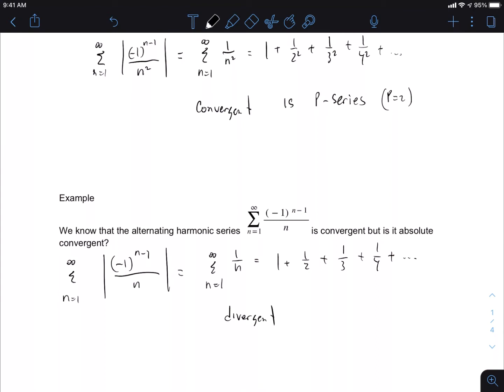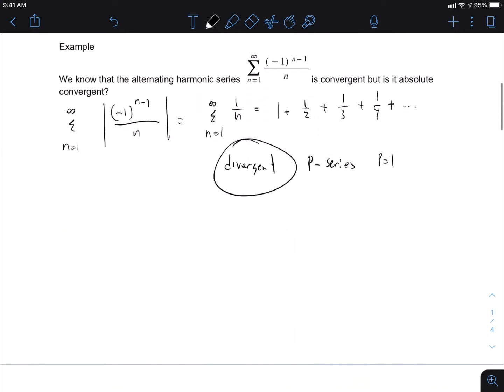The absolute series fails, it is divergent, because this is again a p-series, and this p-series has p equal to 1, and that's what makes us get this divergence. So it's important, like I said, knowing our p-series so that you can reference it to be able to solve these types of problems. Okay, let's go on to another example.